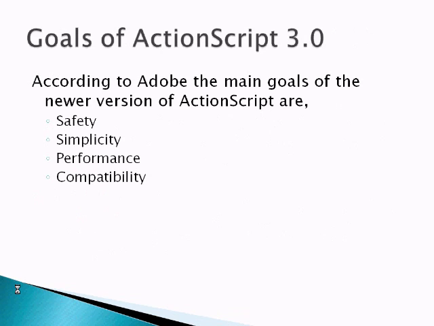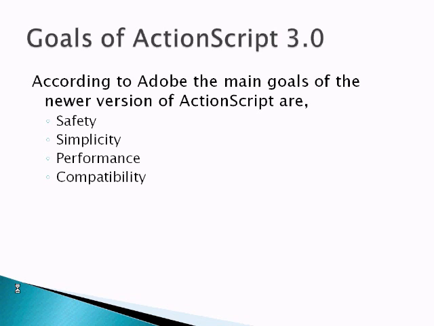Adobe had four main goals for the newer version of ActionScript. They were the improvement in safety, simplicity, performance, and compatibility. When we consider safety, the language supports type safety so developers can write unambiguous, easily maintainable code. In simplicity, the language is intuitive enough for developers to be able to read and write programs without constantly consulting a reference manual.